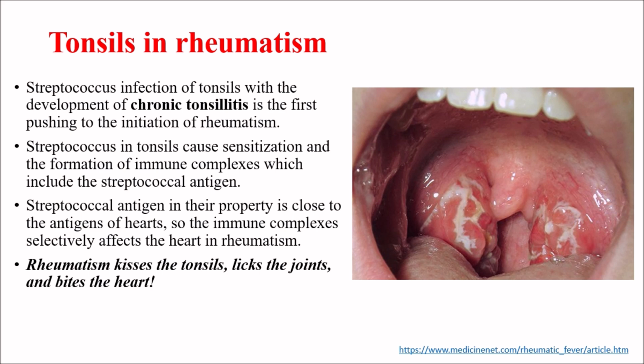The streptococcal antigen has properties close to the antigens of the heart, so the immune complexes selectively affect the heart in the rheumatic fever. This is a very popular phrase that the rheumatism kisses the tonsils, licks the joints, and bites the heart. And here you see the rheumatic change of the tonsils.